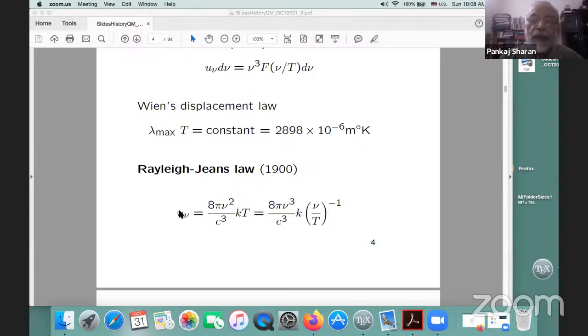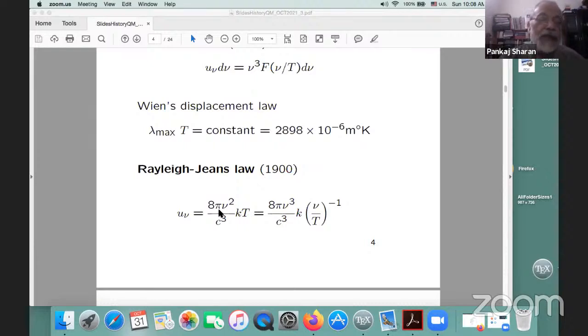So when these oscillators are oscillating, and if there is radiation falling on them, the electric field of that radiation will make these oscillators, which are charged dipoles, oscillate with greater amplitude. But when they oscillate, they also emit radiation because they are accelerated. As you know, every charged particle, when it is accelerated, emits radiation.